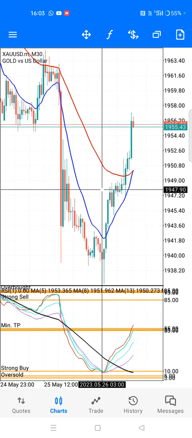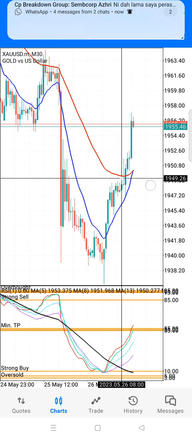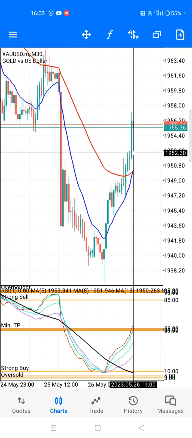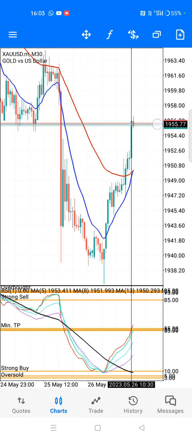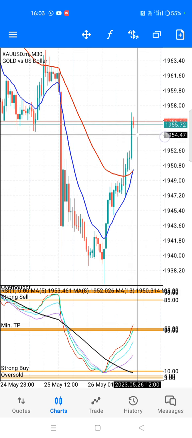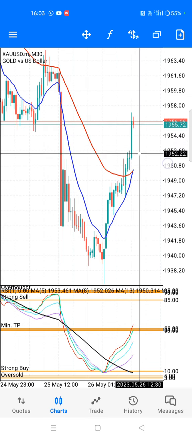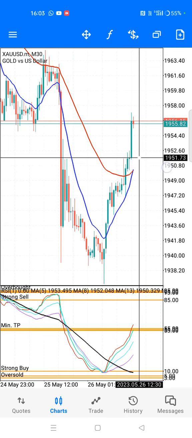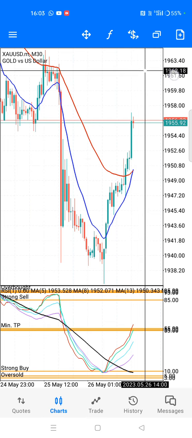This looks simple, but you have to apply some knowledge. You have to look at your candlestick pattern. Let's say at 4:30 the candle is bearish, then at 5 o'clock another bearish, and at 5:30 another bearish. If it doesn't close below this long engulfing candle, then it will be a buy next.